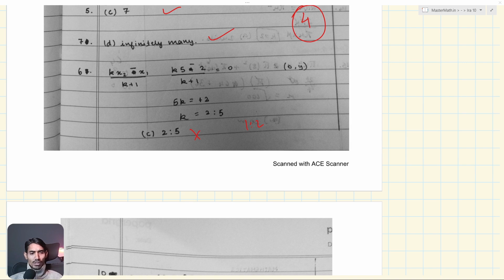And what's the ratio in which the line segment is divided by the x-axis? So 2, 3, 5, 6.